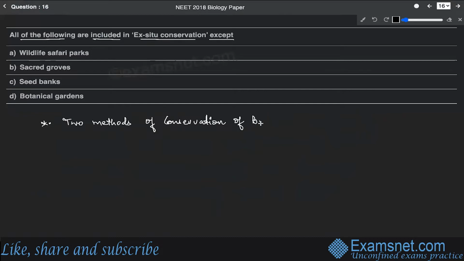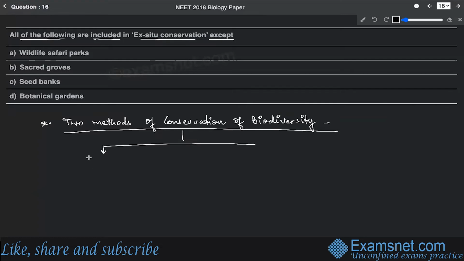The first is the in situ method of conservation, and the other is the ex situ method of conservation.